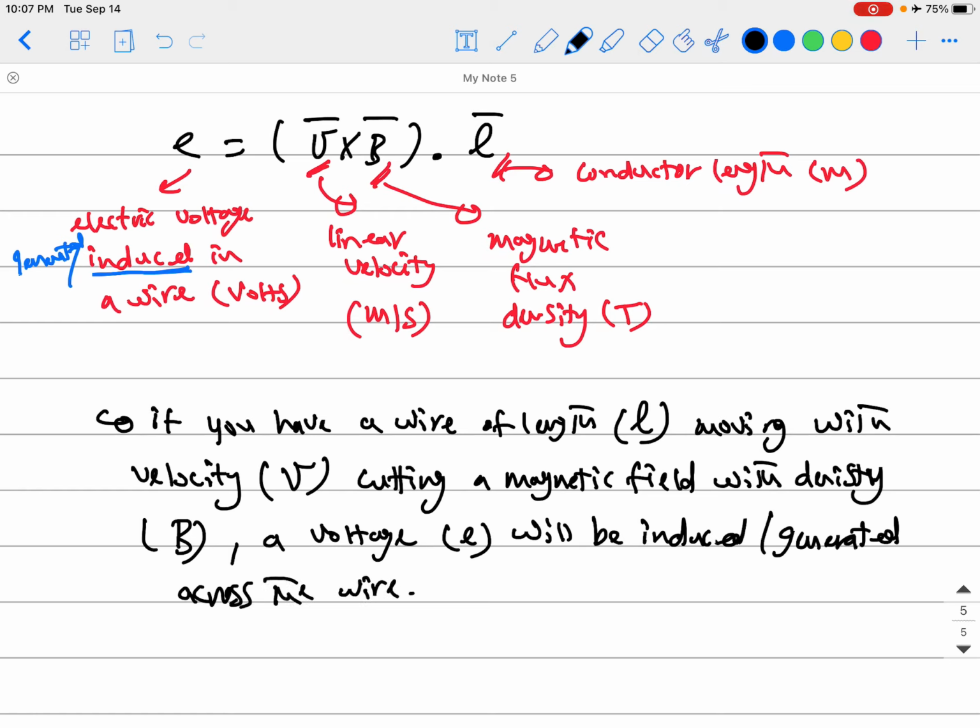Okay, guys? So that is how to calculate the amount of voltage that will be induced or generated across this conductor.